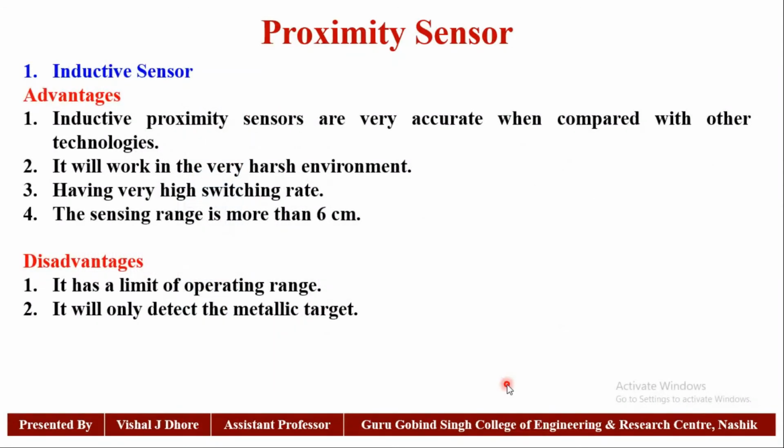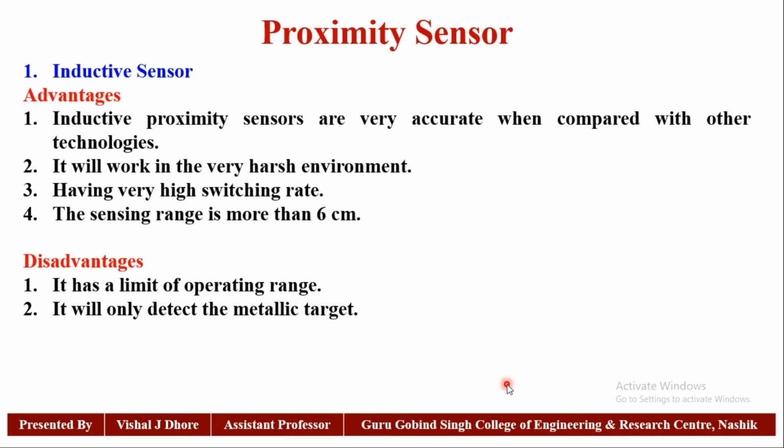The advantages of inductive sensors are, first, inductive proximity sensors are very accurate when compared with other technologies. Second, they work in very harsh environments. Third, they have a very high switching rate. And last, the sensing range is more than 6 centimeters.